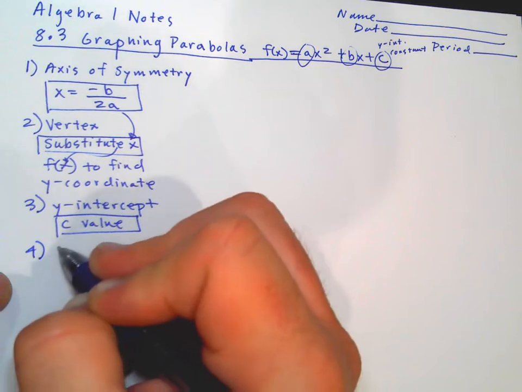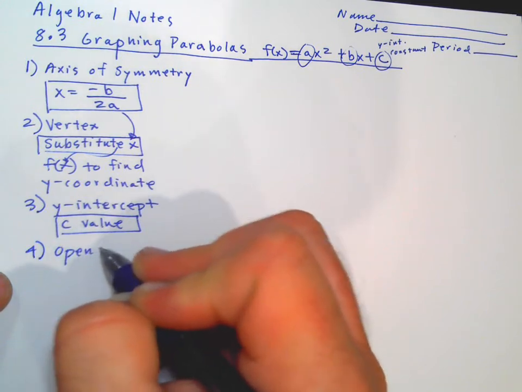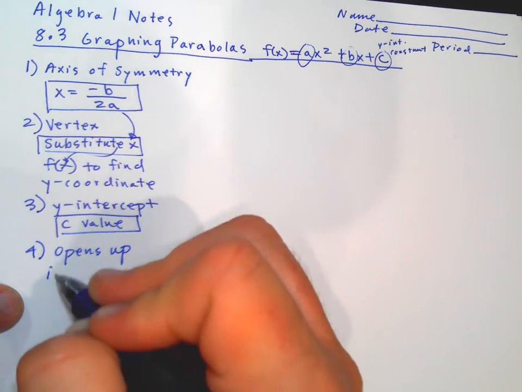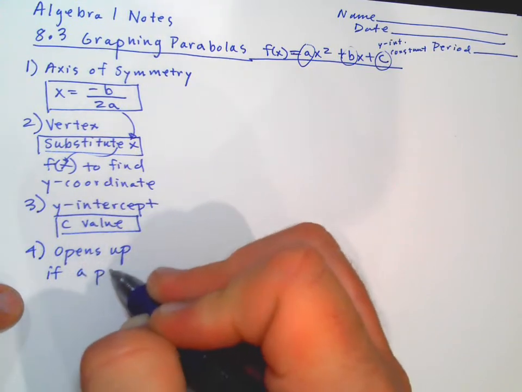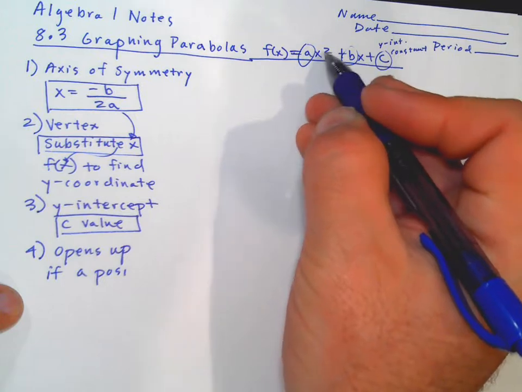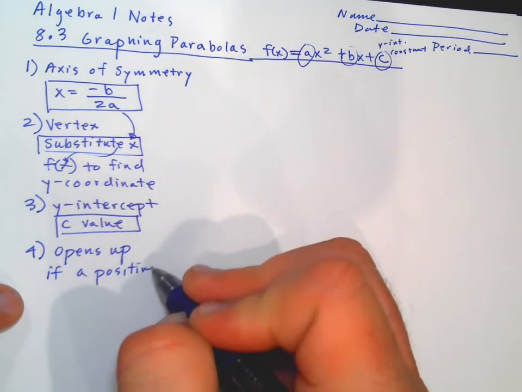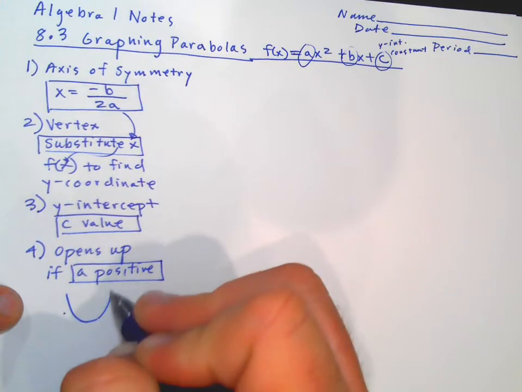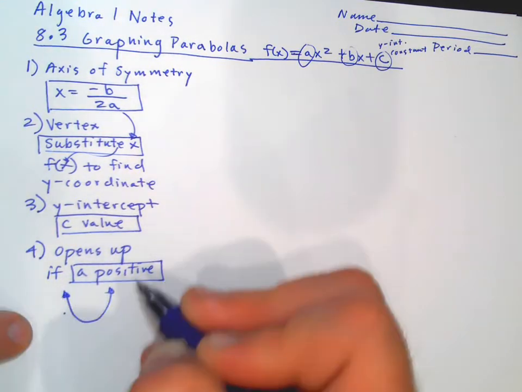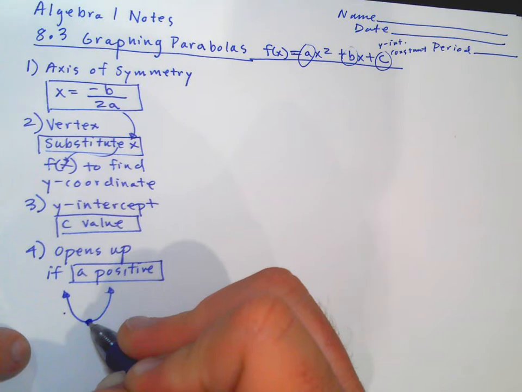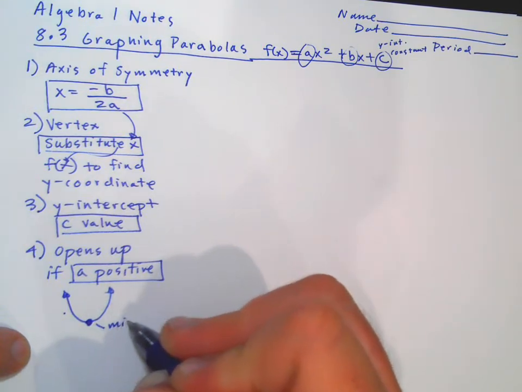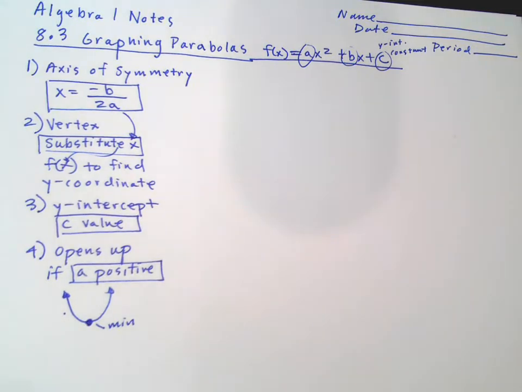Number 4, we're going to decide if it opens up or down. It opens up if a is positive. So if that number in front of the x squared is positive, then it opens up and it looks like this, like a smiley face. This is your vertex, which is a minimum because it's the lowest point on the graph.